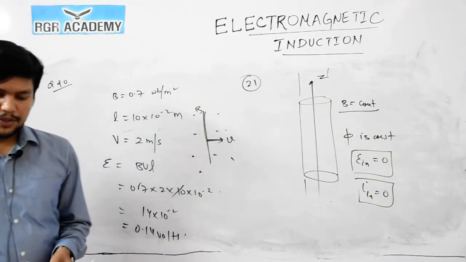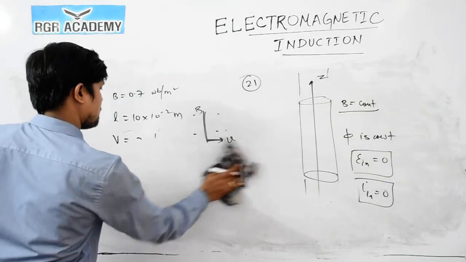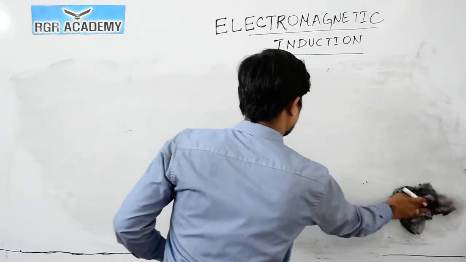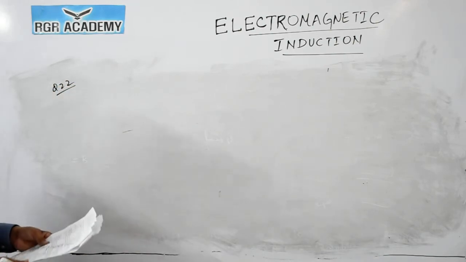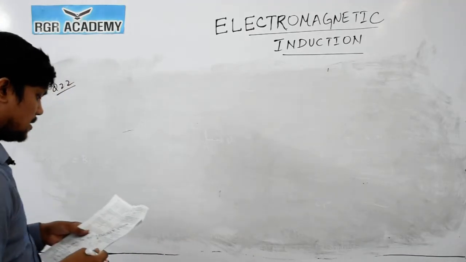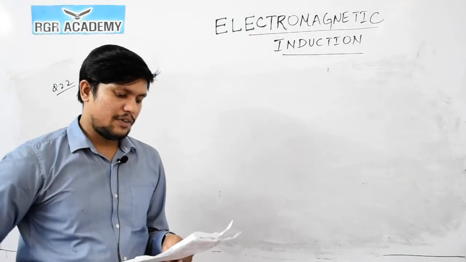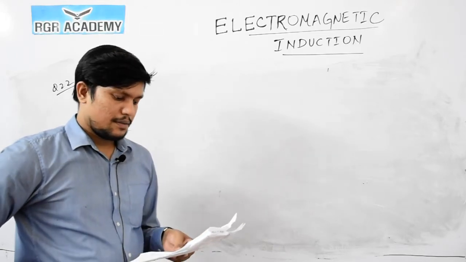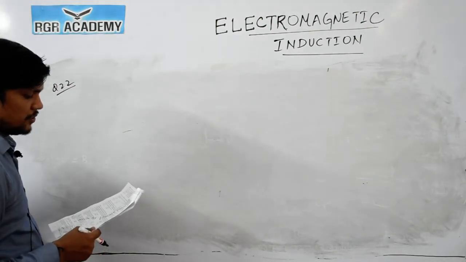Now we will move on to question number 22. A coil of wire of certain radius has 600 turns and a self-inductance of 108 millihenry. They are asking for the self-inductance of a second similar coil which has 500 turns.